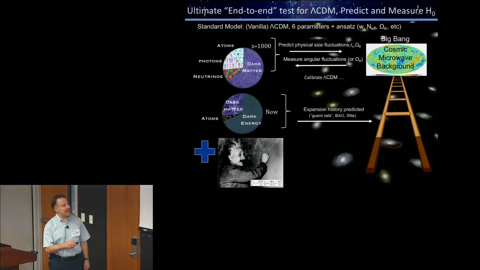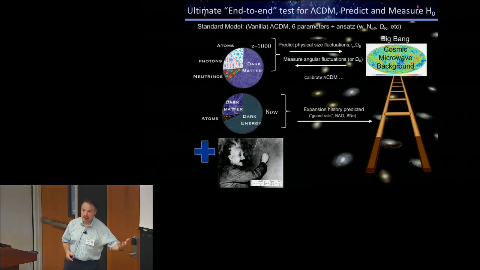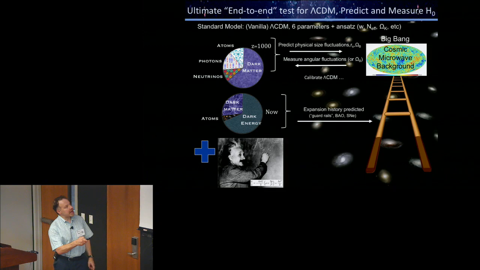Then we observe the angular size of those fluctuations, or we measure the primordial deuterium abundance, and that comparison between the angular size or the abundance and the predictions allows us to calibrate the free parameters in the model, and in some cases test the ansatz as well.